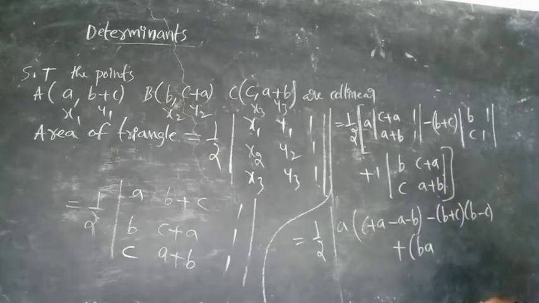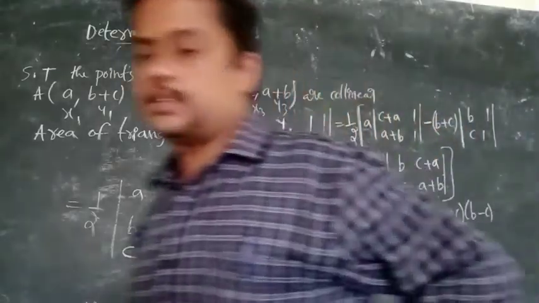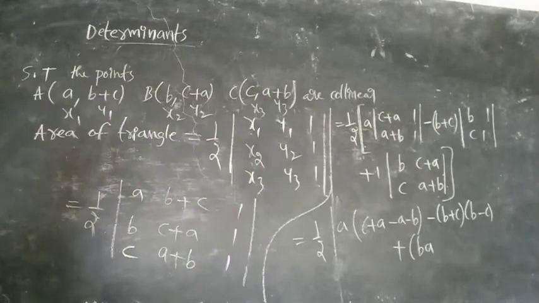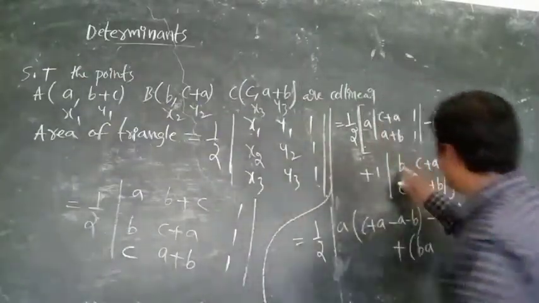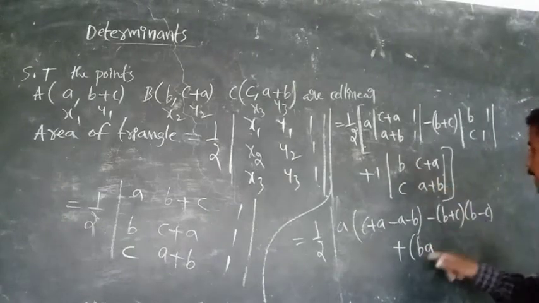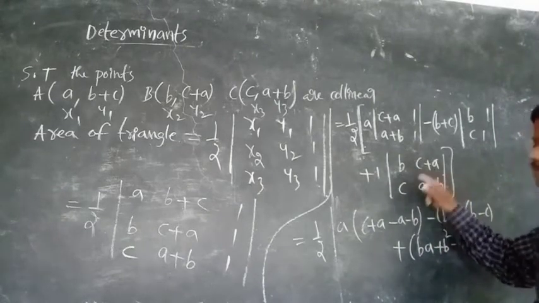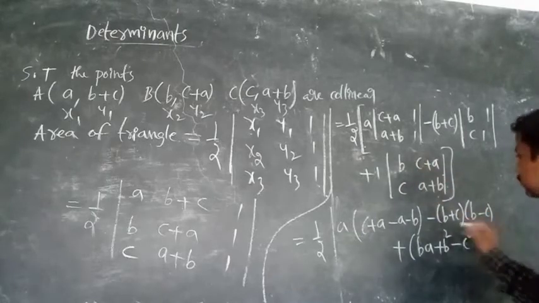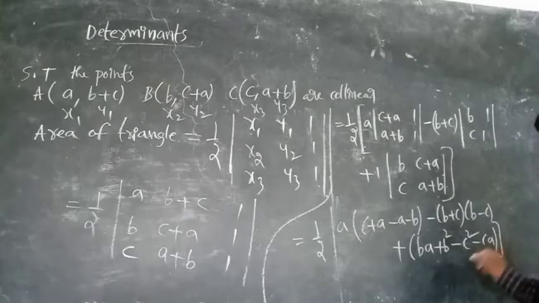Otherwise, it is difficult. You can take some other method also. Okay, I will do that method once again. See, B into A, B into B plus B square minus C into C minus C square, C into A minus C. Okay. Next, simplify it.